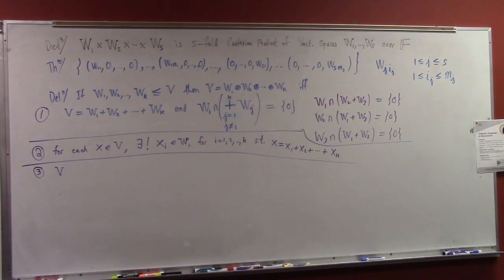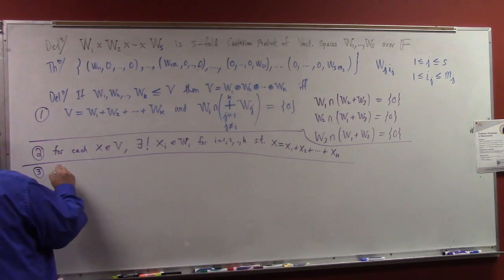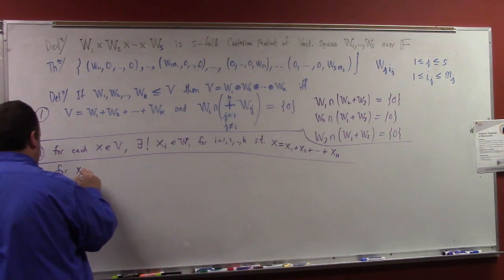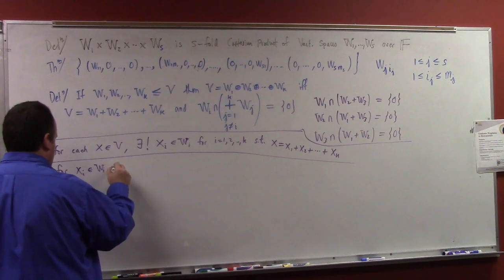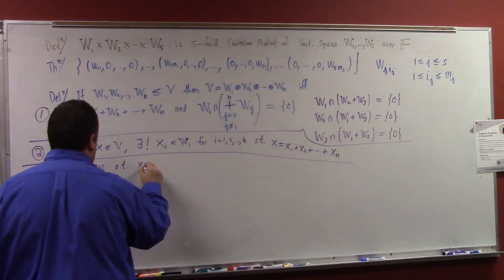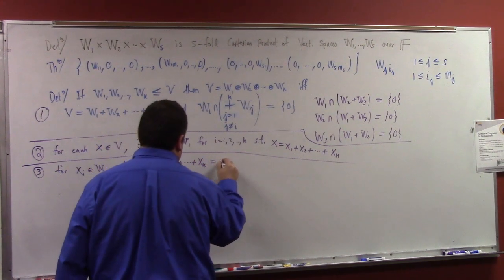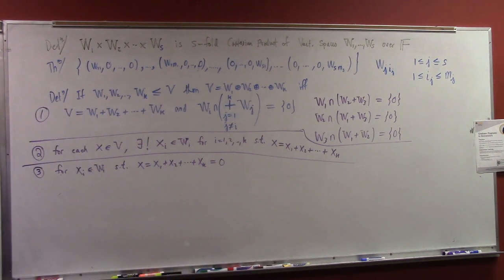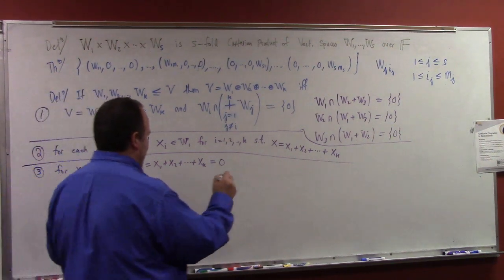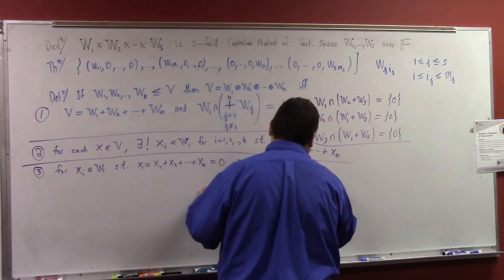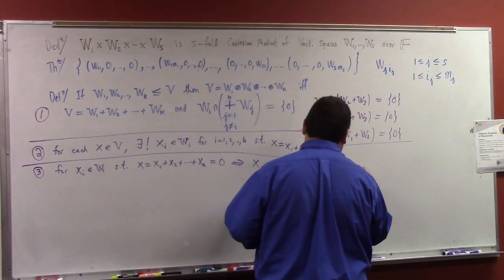The other one is that for x_i in W_i such that x equals x1 plus x2 plus ... plus xk equals 0, that implies x1 equals 0, x2 equals 0, ..., xk equals 0.